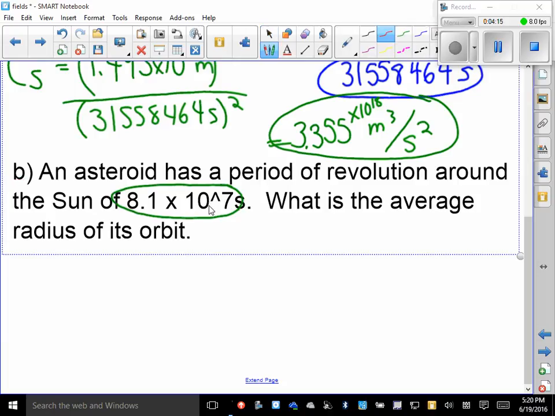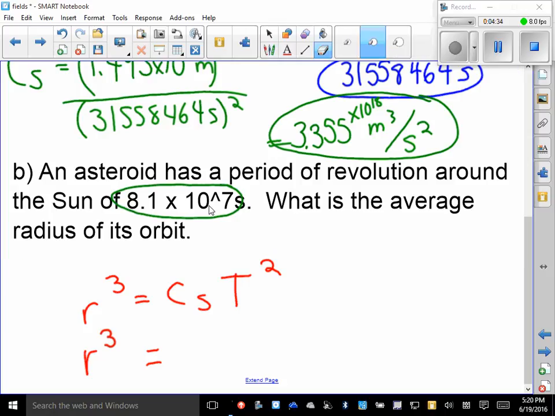So we're going to use the formula R cubed equals C_S T squared. So R cubed equals, we're going to put in our C value. Actually, I'm going to cube root this right away. Cube root.